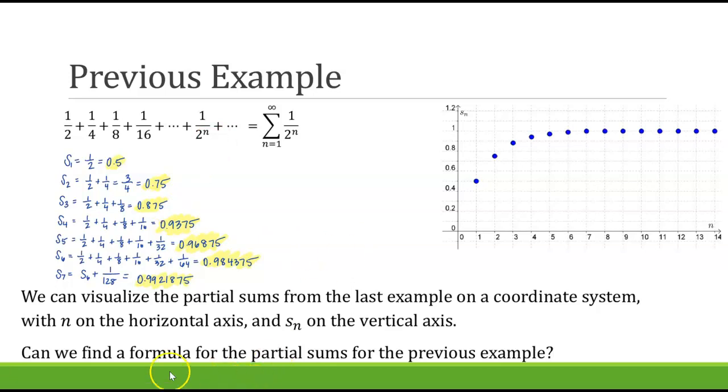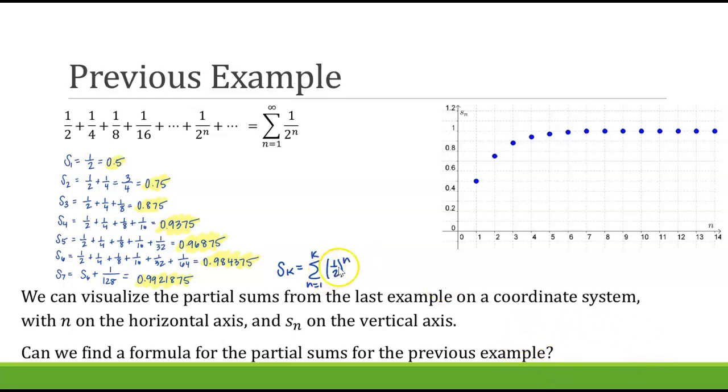analytically? So can we find a formula for the partial sums for the previous example? Well, the answer is yes, and it's a formula that you may remember from pre-calculus. So essentially we're trying to find a formula for S sub k, adding up the first k terms. So the sum of n equals 1 to k of 1 over 2 to the n.